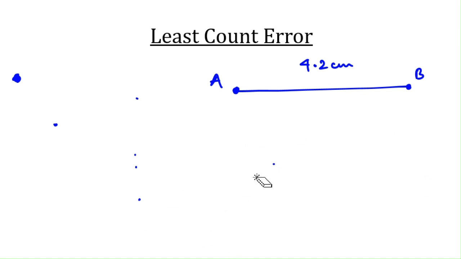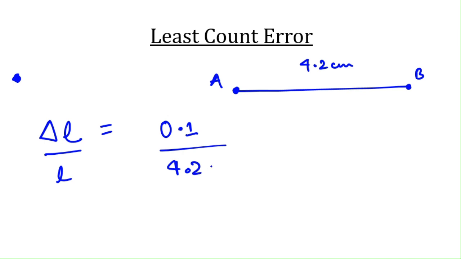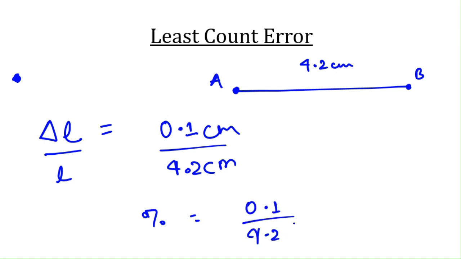So we can write the relative error in measurement, that is, let's say delta L by original L, 0.1 centimeter, which is the least count, divided by 4.2 centimeter. This is relative error, and if you want to get percentage error, this will be 0.1 by 4.2 into 100.